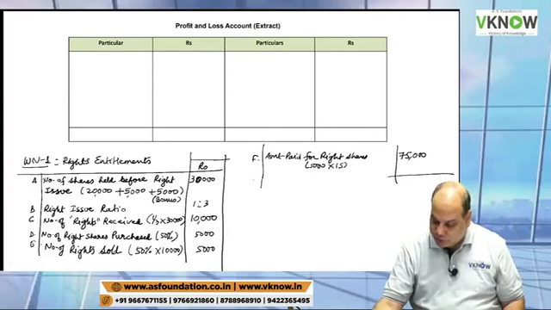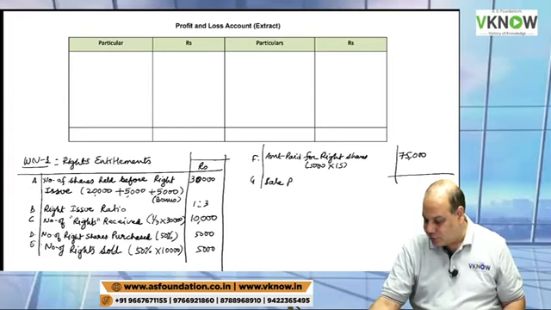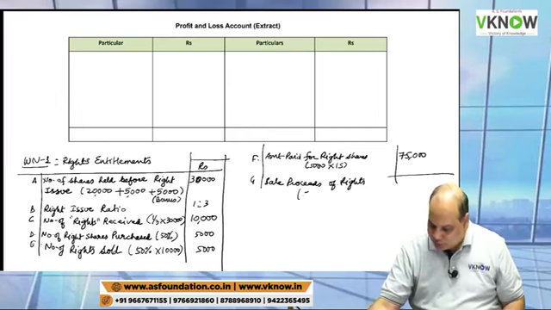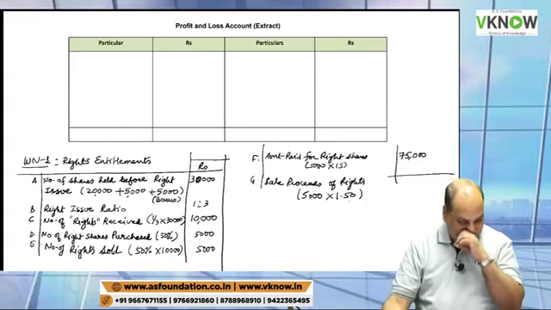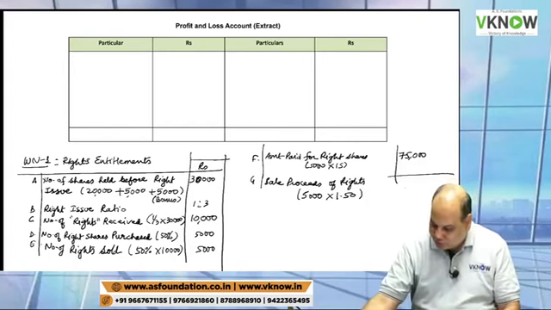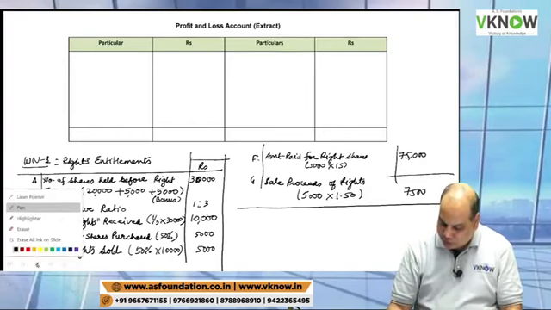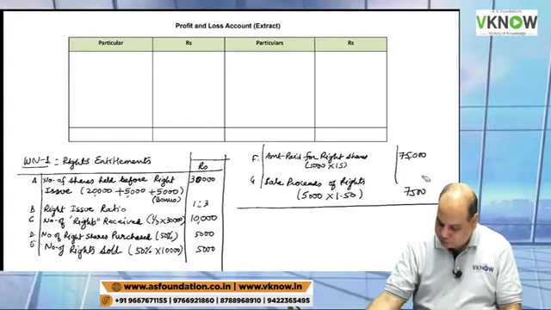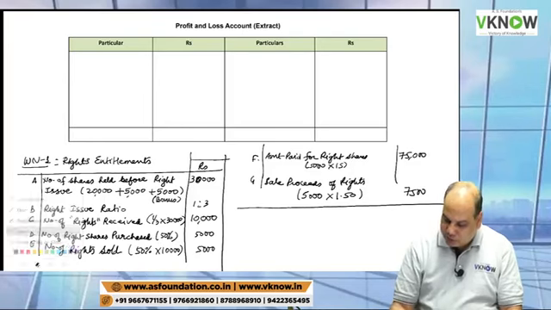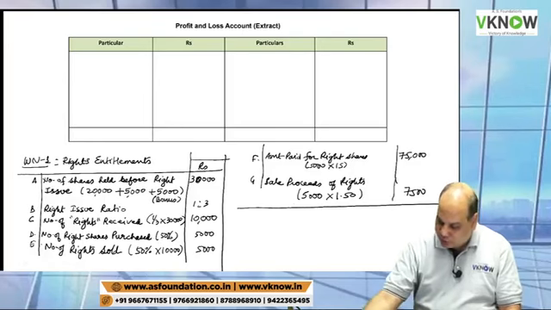So point G: sale proceeds of rights. 5,000 rights sold to Anant for 1 rupee 50 paise, so that is 7,500.